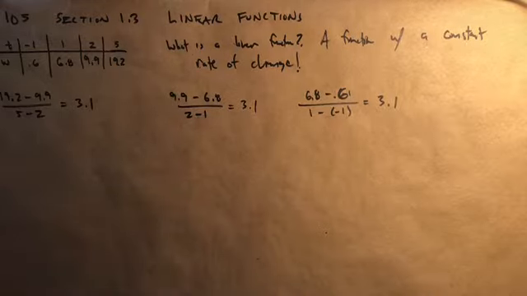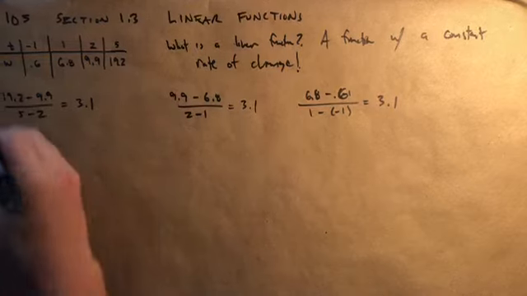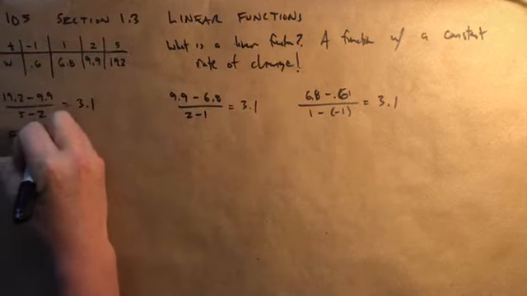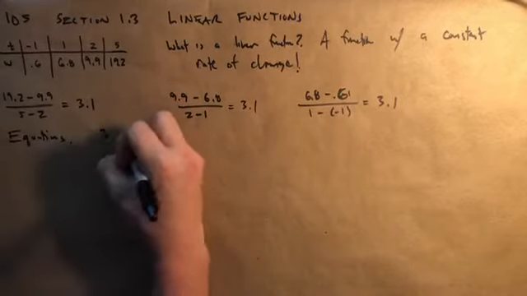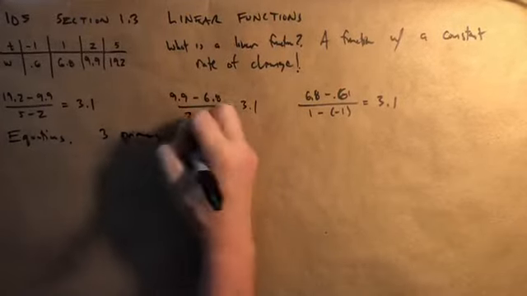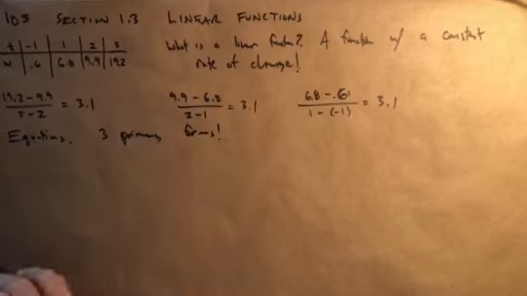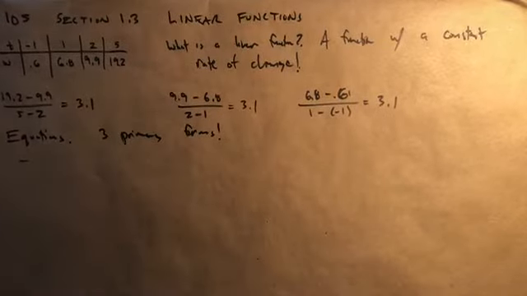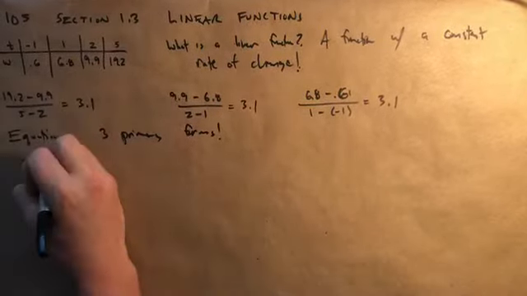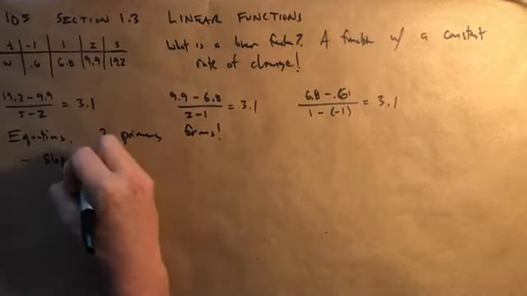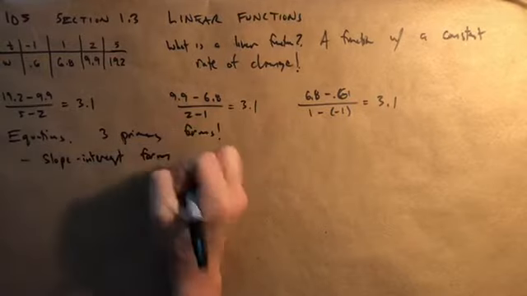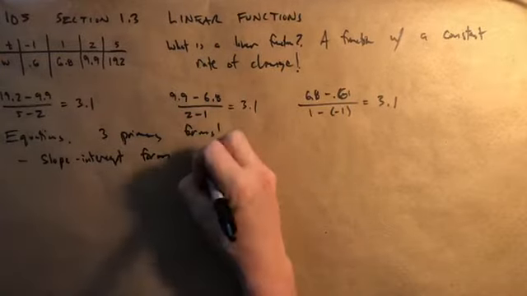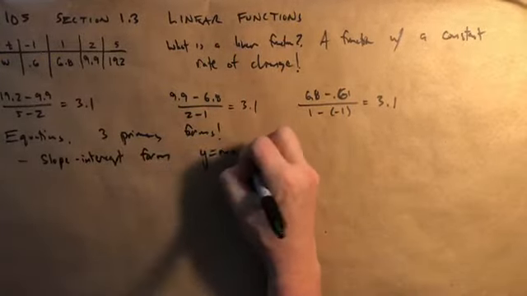When we talk about linear functions and we want to make equations for linear functions, we have 3 primary forms. And I guess the first one would be slope-intercept form, which you all know as y equals mx plus b.